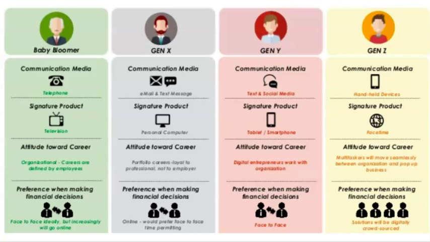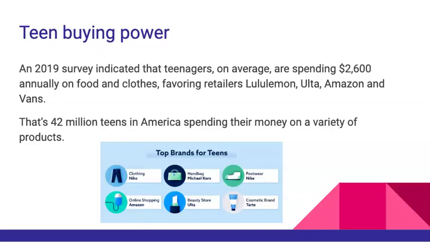And also looking at attitudes towards their careers, which I think is really interesting, especially for Gen Z, because as we move towards a more gig-based economy and people having multiple types of jobs to support them, it's kind of interesting to see Gen Z focusing on multitasking and pop-up businesses and things like that. So just kind of fun to look at how marketers examine these age groups.